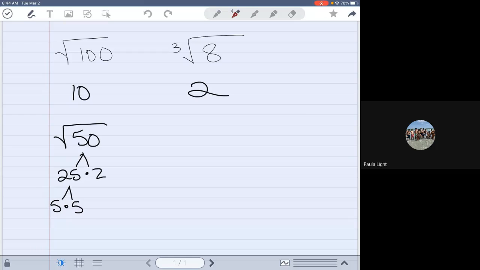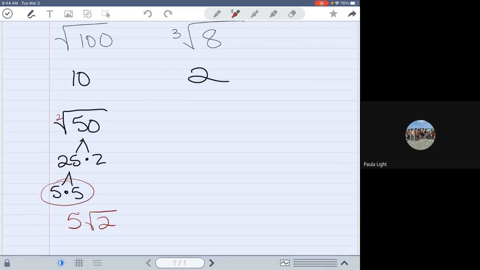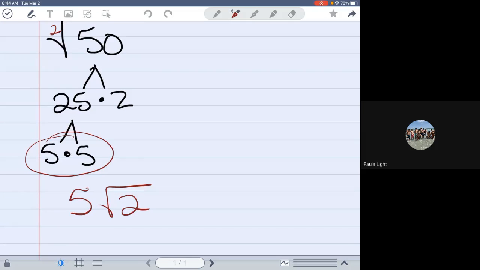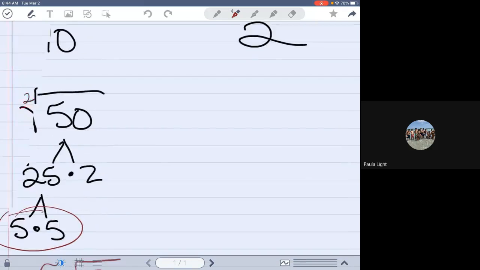We're looking for things that we could pair up because we're dealing with square root pairs. And so the 5s are paired, so one of them comes outside of the radical symbol. The 2 has to stay under. So this simplified 5 radical 2 is the square root of 50 simplified. They don't want you to put it in a calculator. They want that.